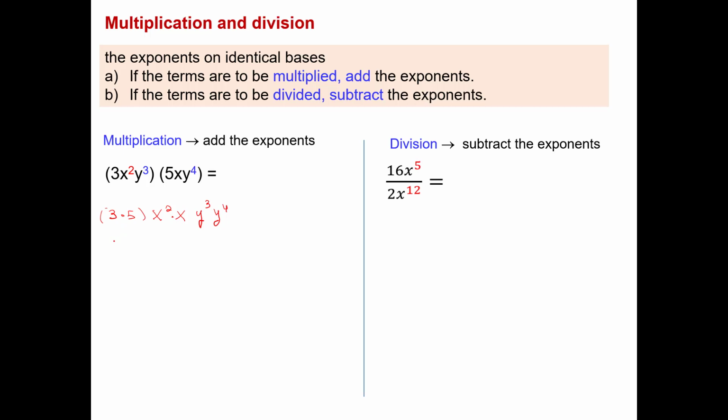Then 3 times 5 is 15. x to the second times x, same base, x, we add 2 plus 1 equals 3. y is the same base, 3 plus 4 is 7. Then the answer is 15 x to the third y to the 7.